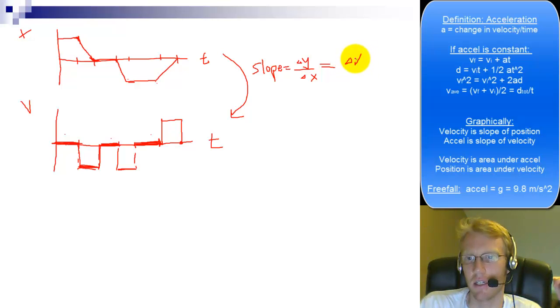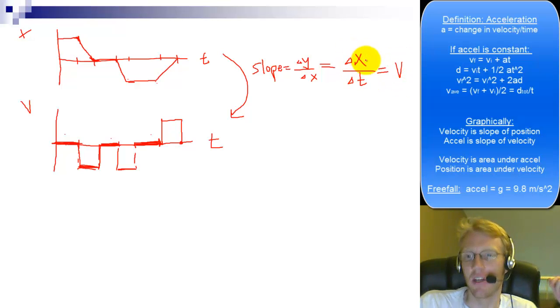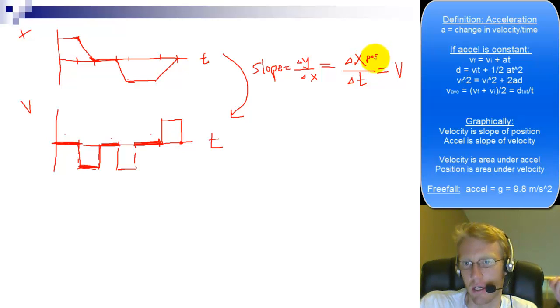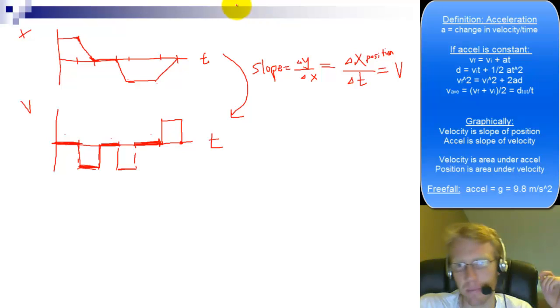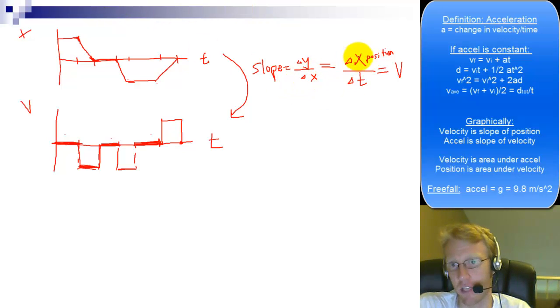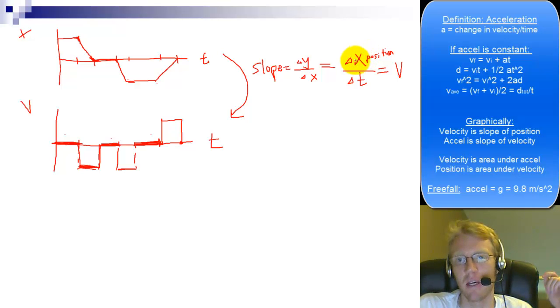So that's delta x, for position, over t, and your definition of velocity is change in position over time. So here this x is position, and just keep that straight from this x, which is the x-axis. I apologize that it's the same variable twice, but mathematically we use x for the x-axis, and physics-wise we use x for position frequently. So your velocity, you can see, is the slope.